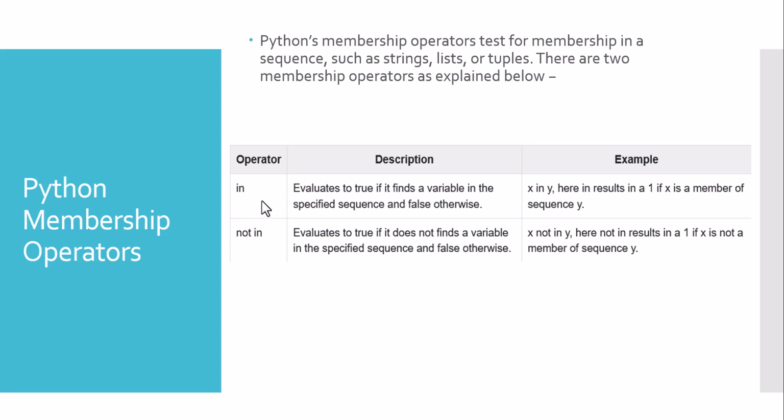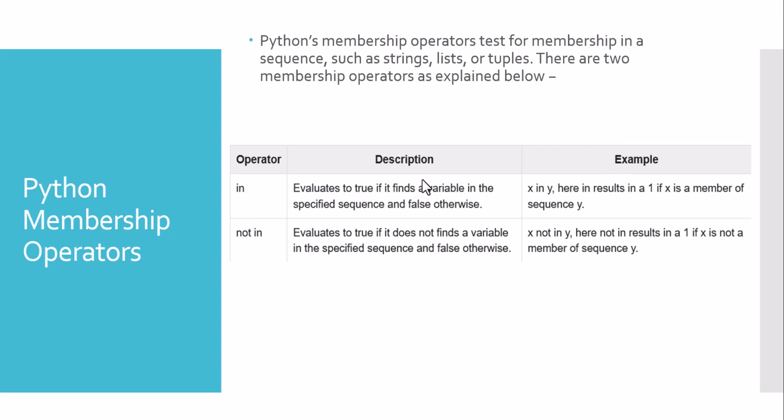Okay, in operator evaluates to true if it finds a variable in the specified sequence and false otherwise. Like see, x in y, here in results in a 1 if x is the member of the sequence y.